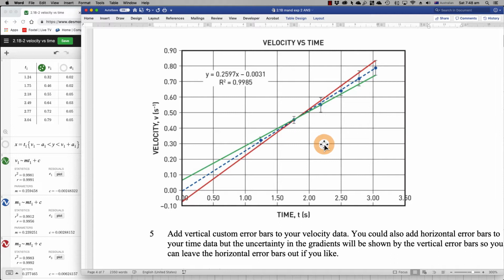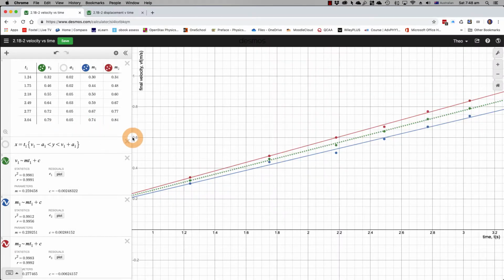So let me explain how to do it in Desmos. What I'm going to do is I'm going to create an equation that represents my absolute errors in the y components, or the y-axis, which represents my final velocity.